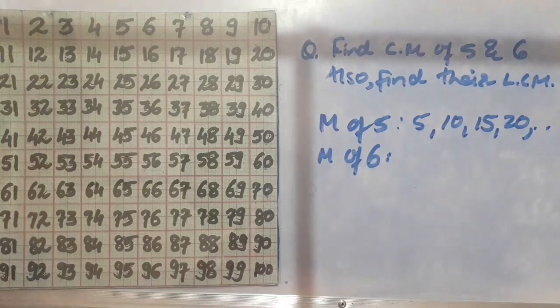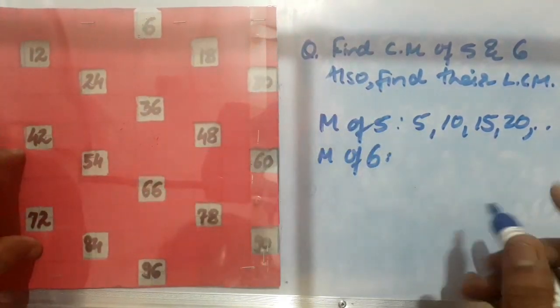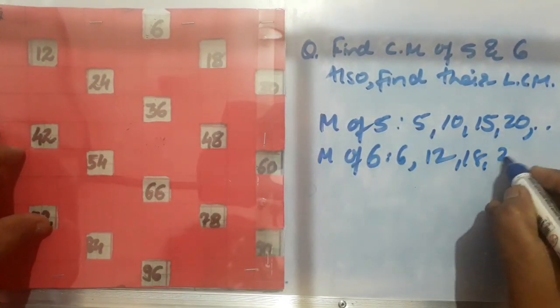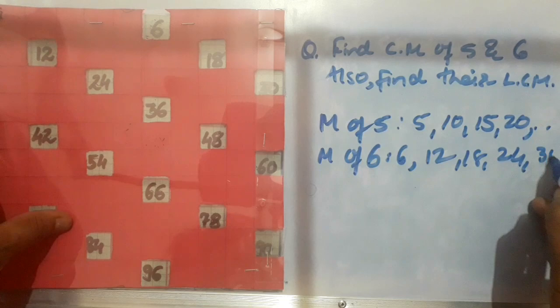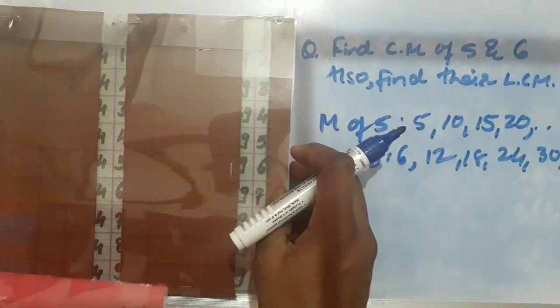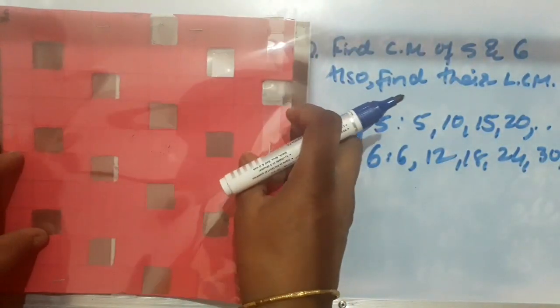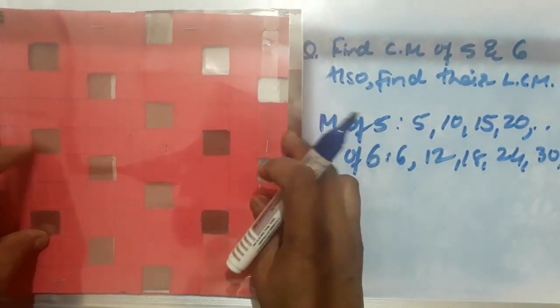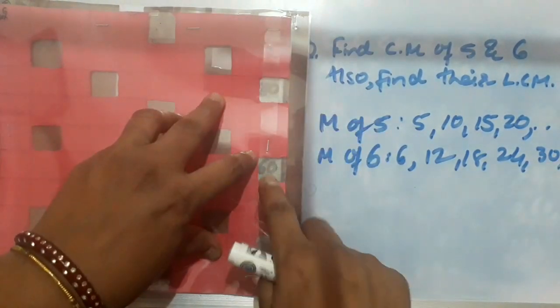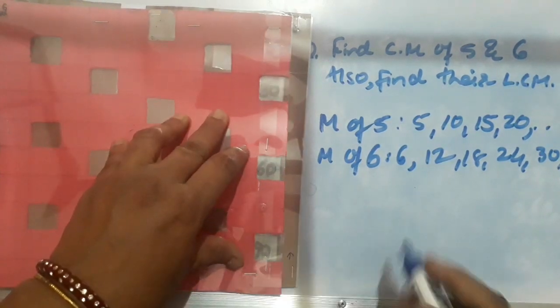Multiples of 6, you can see here 6, 12, 18, 24, 30 and so on. Now I will place both the grids one on top of the other. And the numbers which you can read out are, here you can see 30, 60, 90 and so on.